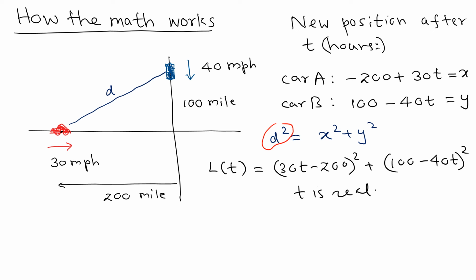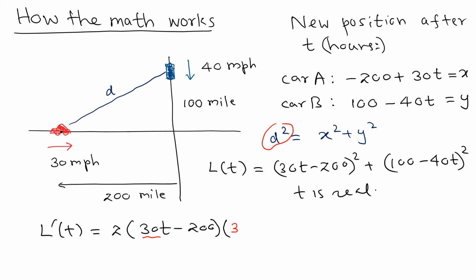So now let's use the calculus. We can take the derivative of this one, so this is the calculus part. It's L prime of t. If you take the derivative, it is the chain rule. So it is 2 times (30t minus 200), there's no square here, times the derivative of the inside function, which is 30.